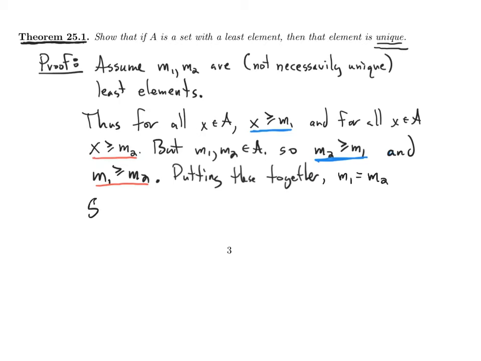So if we have two least elements, they're equal. So that means there is only one unique least element.